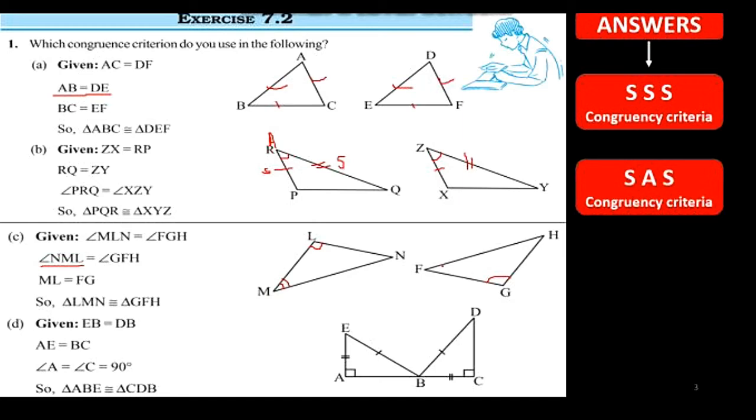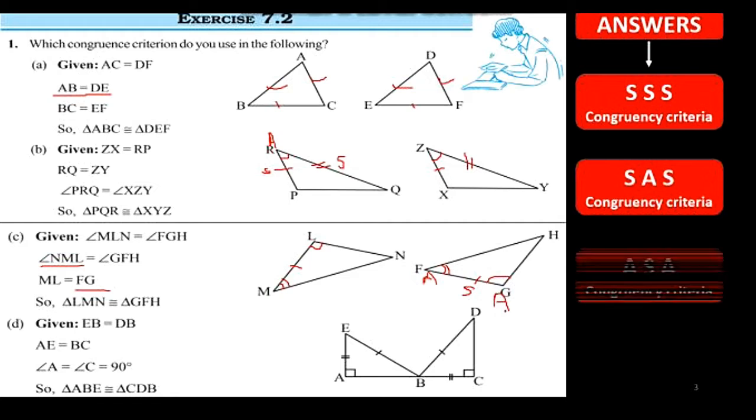ML is given equal to FG. So triangle LMN is congruent to triangle GFH by which criteria? Angle, side, angle, that is by ASA congruency criterion.